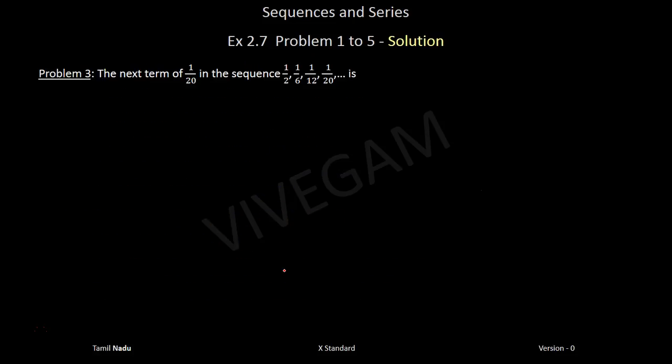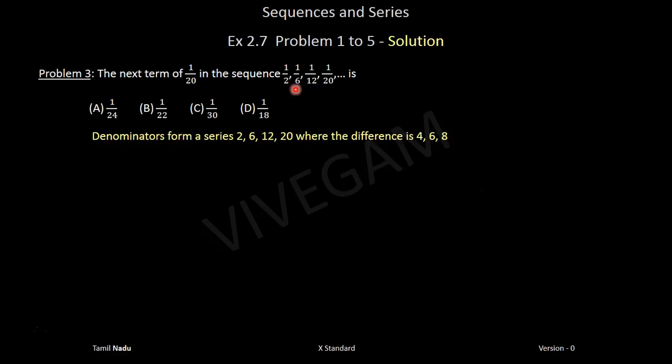Problem 3. The next term of the sequence 1 by 2, 1 by 6, 1 by 12, 1 by 20. If you look at it, the numerators are all 1, right? And the denominators form a particular series. Let's analyze it. 2, 6, 12, 20. This is the denominator.